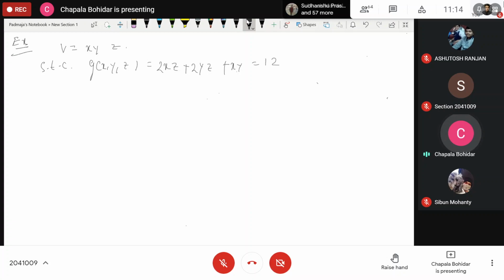Now by using the Lagrange multiplier, we have to solve this problem. The Lagrange multiplier method is del of V is equal to lambda into del of g.